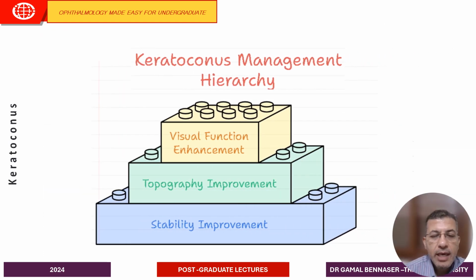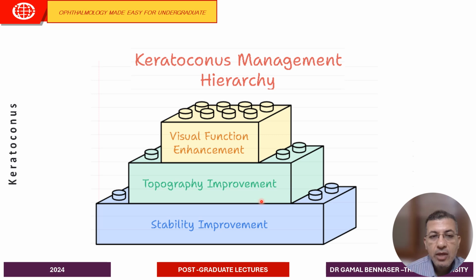Now we come to the second step in the hierarchy of modern keratoconus management, which is the improvement in the shape or the topography of the cornea. By improving the shape of the cornea, we regularize the cornea by whatever means that we'll explain later on. This to a great extent will help to improve the visual quality of the patients by reducing the high order aberrations and improving the uncorrected visual acuity.